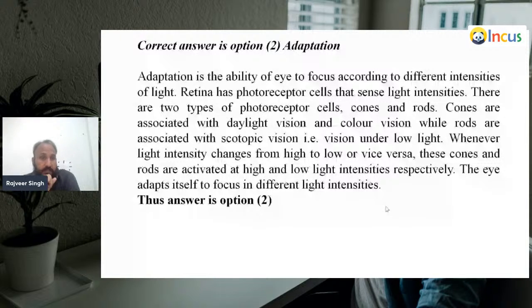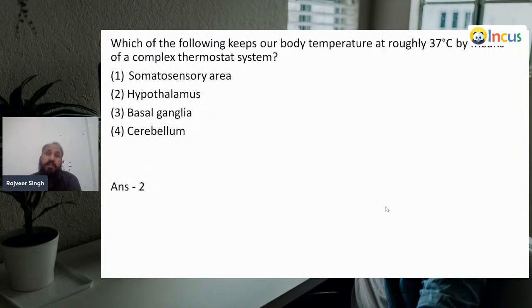The eye adapts itself to focus in different light intensities. So students, listen to this question carefully and try to understand it in a better way. This is a very important concept for you.